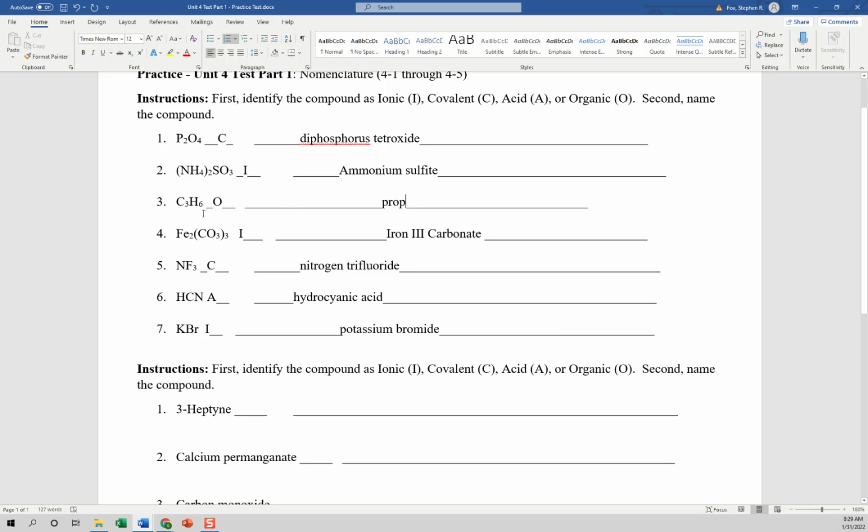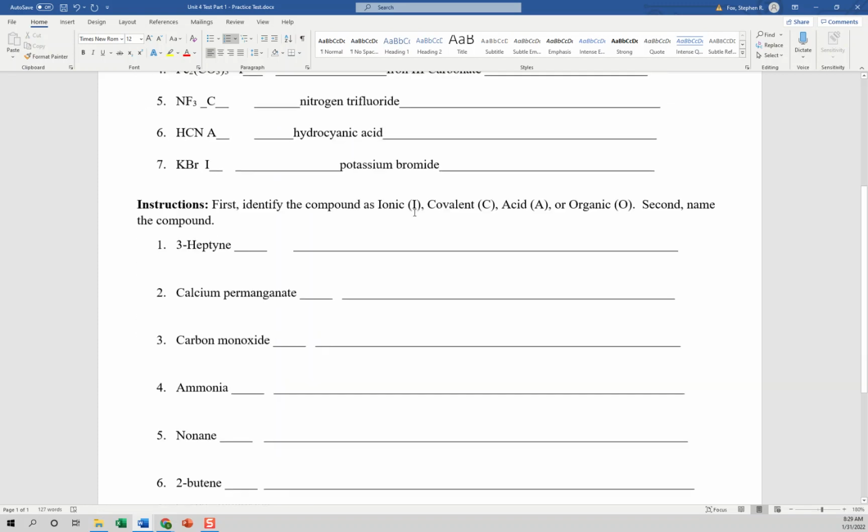And so remember, if the number of hydrogens is times 2 plus 2 the number of carbons, then it's ane. If it's just times 2, then it's ene. And if it's times 2 minus 2, it's ine. So we got 3 carbons, times 2 is 6. So this is following the model CnH2n, which means it's an alkene, so propene.